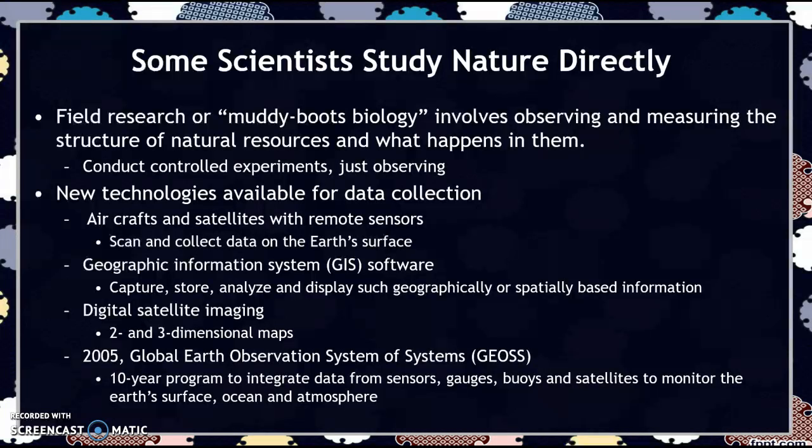Digital satellite imaging helps to create 2 and 3 dimensional maps. And in 2005, they began this Global Earth Observation System of Systems, or GEOSS, which was a 10-year program to integrate data from sensors, gauges, buoys, satellites to monitor the Earth's surface, the ocean, and the atmosphere.